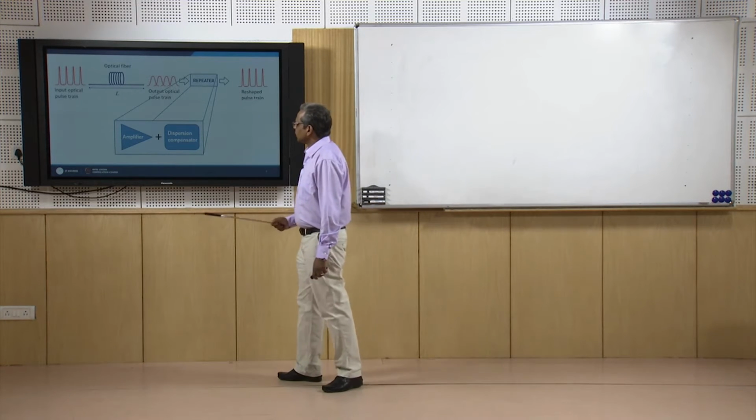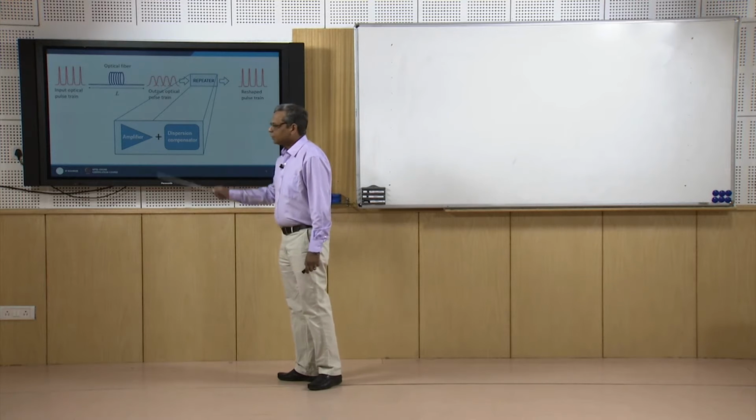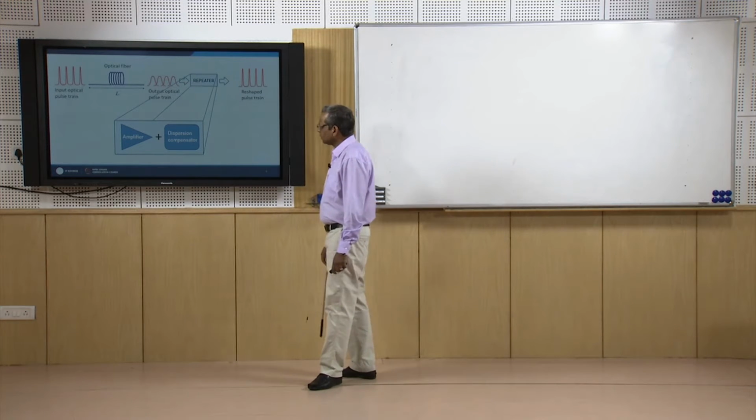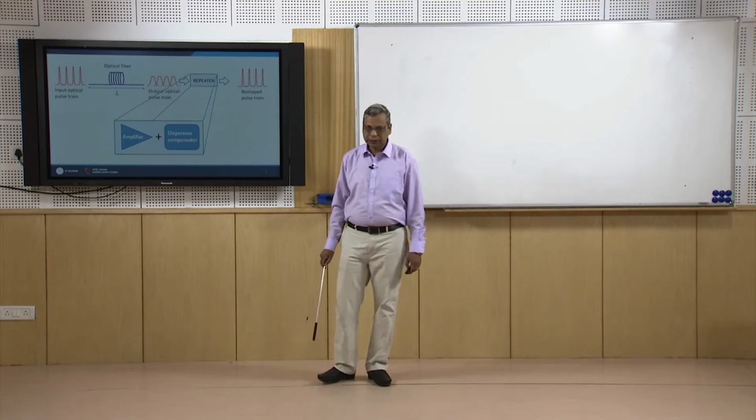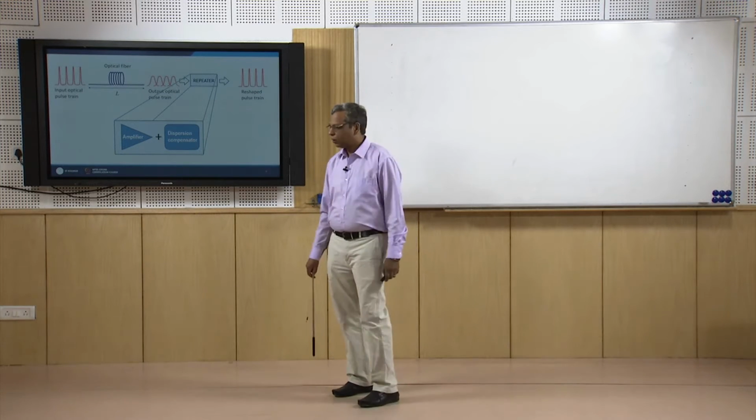This repeater consists of an amplifier to take care of attenuation and a dispersion compensator or a pulse compressor to take care of the broadening.